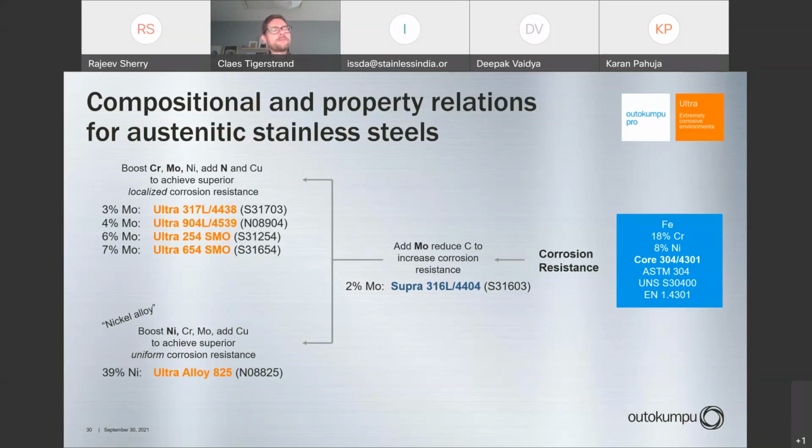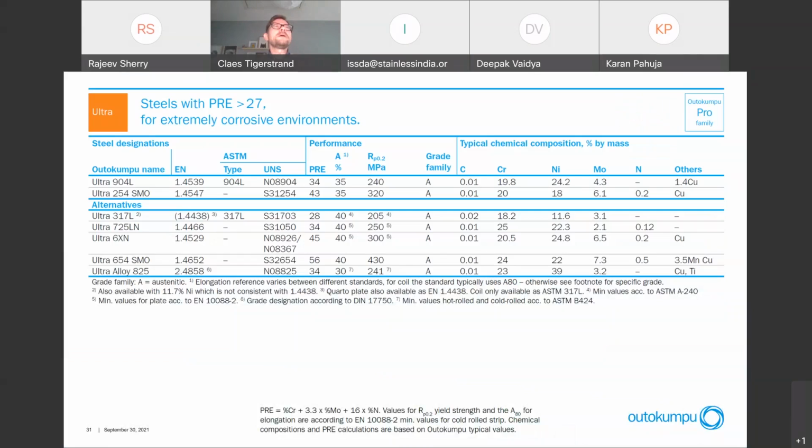And we're focusing quite a lot on adding new grades into the nickel-based alloys as well. So here we see again a list of the grades we have within the Ultra range. And as I said, in the middle there you can see the PRE number, and for the 654 SMO it's 56, so it's very high.